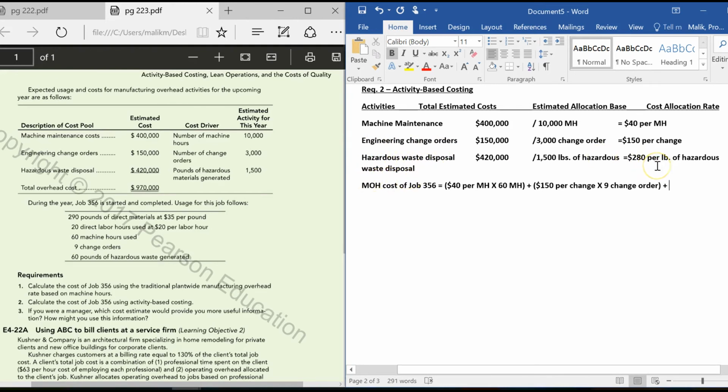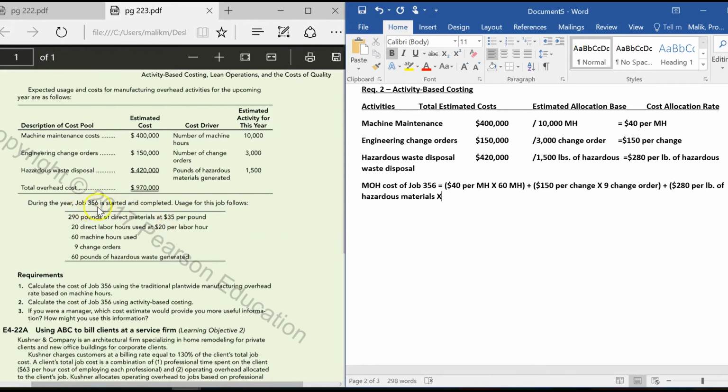We found that the cost rate is $280 per pound of hazardous materials. Let's check it.